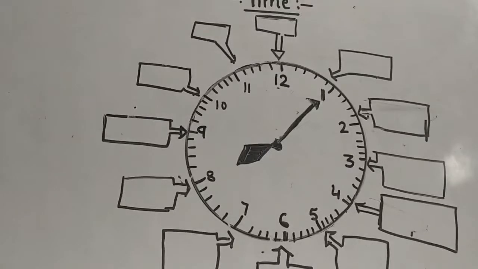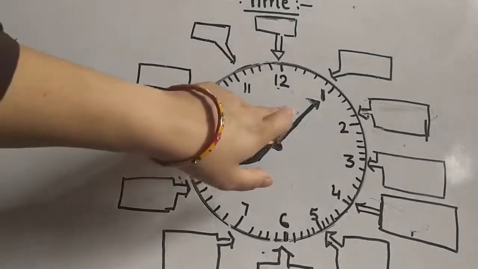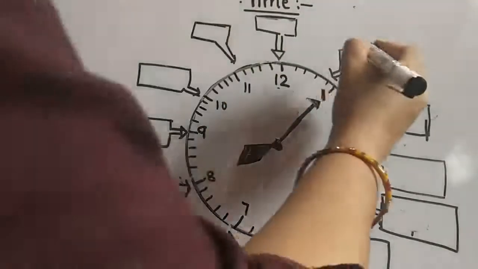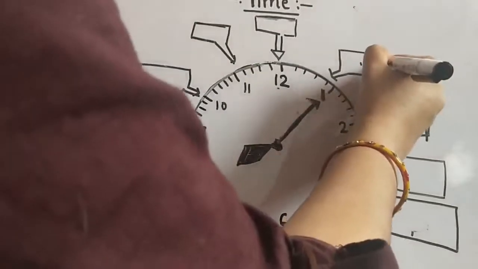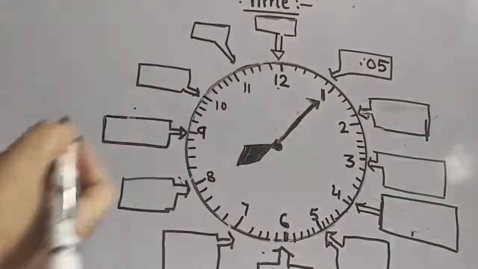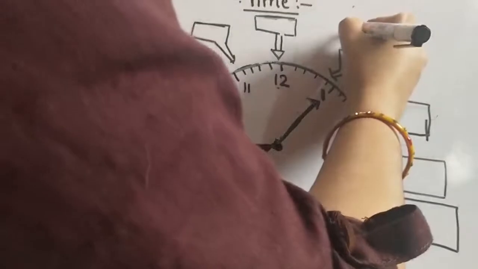The hour hand shows the hour and the minute hand shows the minutes before or after the hour. When our minute hand is in 1, it means 5 minutes are there. So we can write it like this, or 5 minutes past.